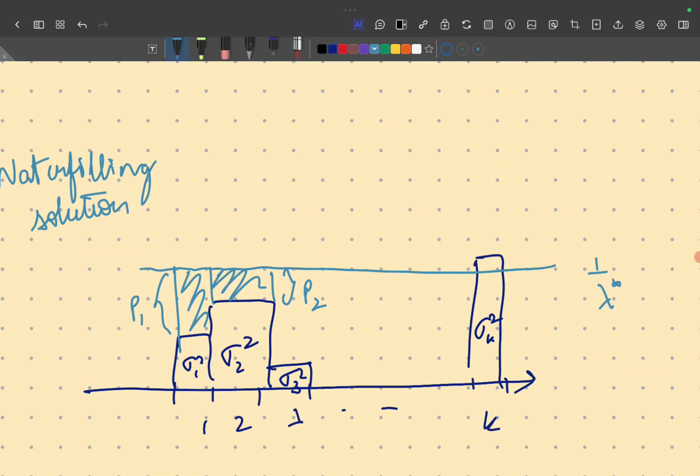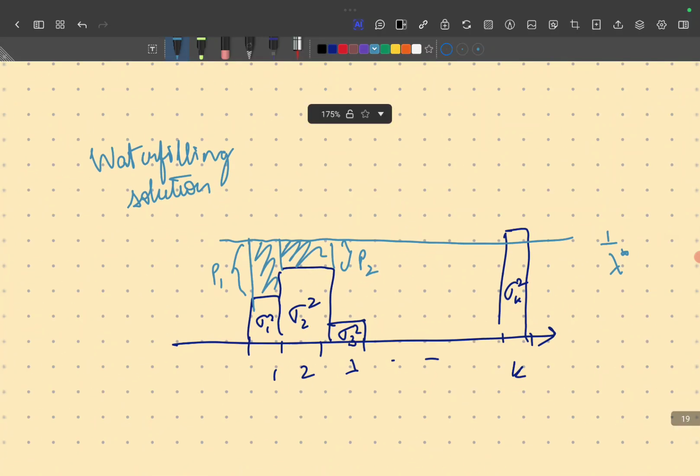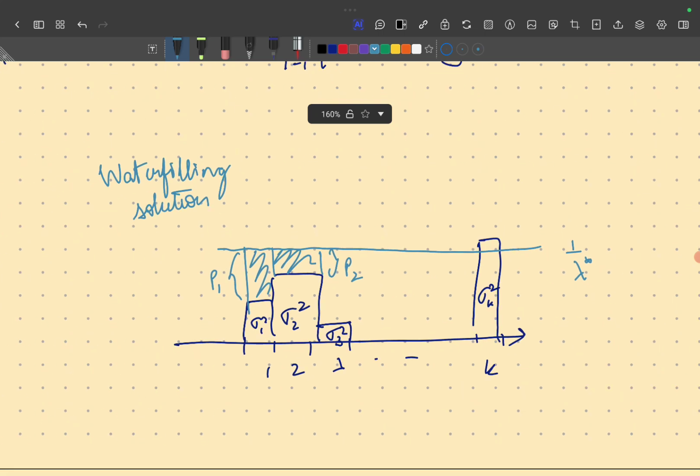It doesn't matter, right? It's completely independent of the ordering of the sigma 1 square, sigma 2 square, and so on. Yeah, maybe if I had ordered them, then it would have looked much nicer. In fact, you're right. But again, the order does not matter. The solution still remains the same.